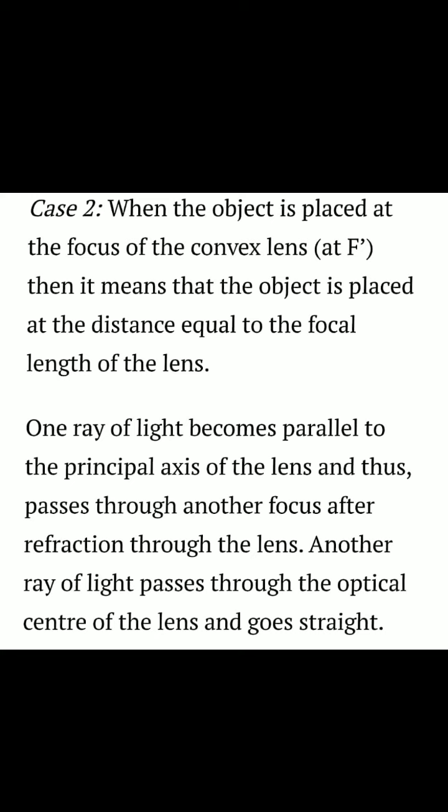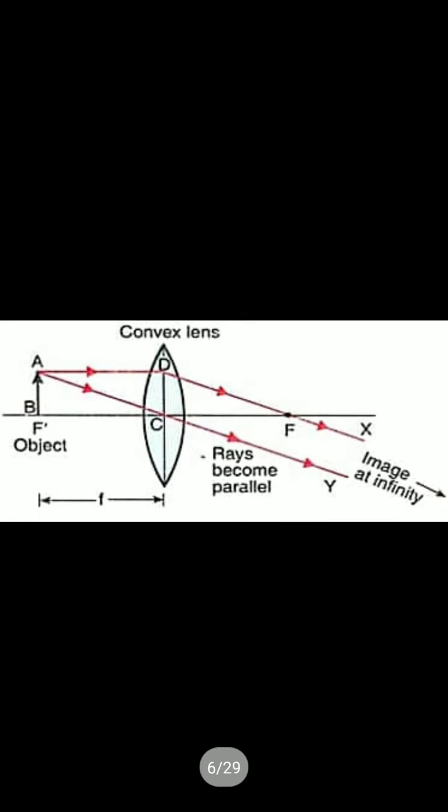So if the object is at focus, where is the image formed? At infinity. Let's see the diagram. Image is formed at infinity and its nature is real, inverted and highly magnified than the object because it is formed at infinity. We don't know where it will be formed, but it is formed at infinity.